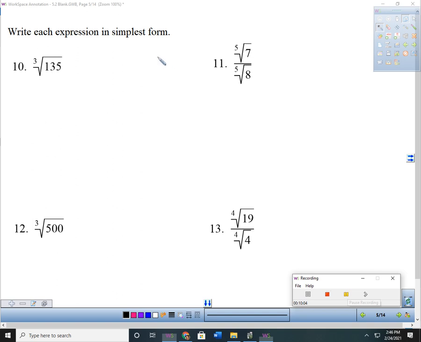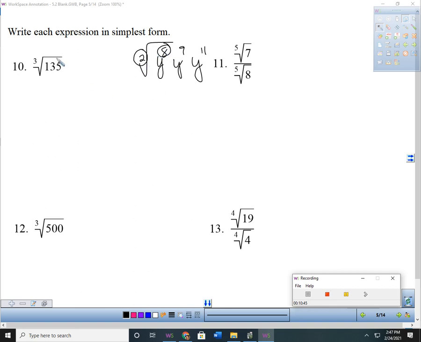Like if I had written y to the 8th or y to the 9th or y to the 11th, how would you know which of these was a perfect square? Even numbers, because they all divide by the root number, right? So we always take that exponent and we divide it by the root number, right? And if they divide evenly, that means that they were a perfect square root, right?